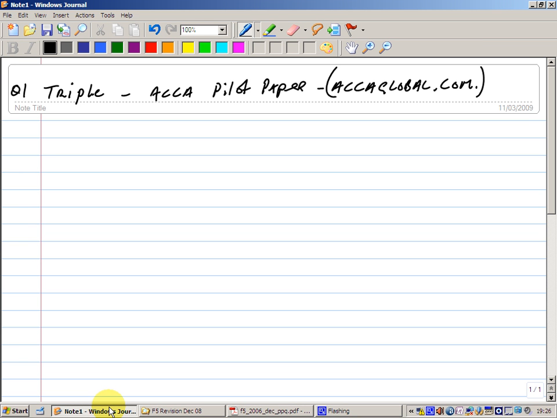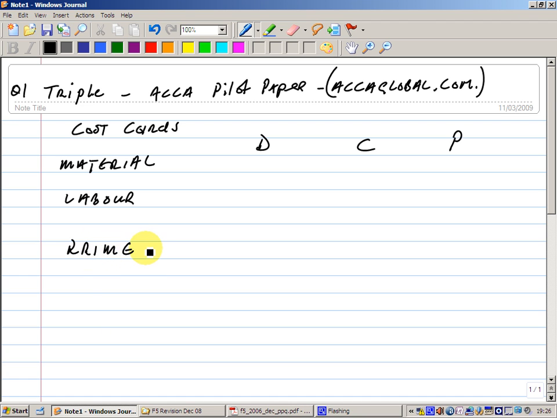Looking at how to do a cost card, we need to do cost cards for each of the products, so D, C and P. The first thing is materials. The next item on a cost card is labor. That gives us prime cost. And then we have overheads.